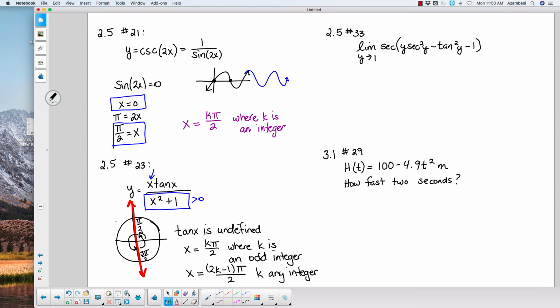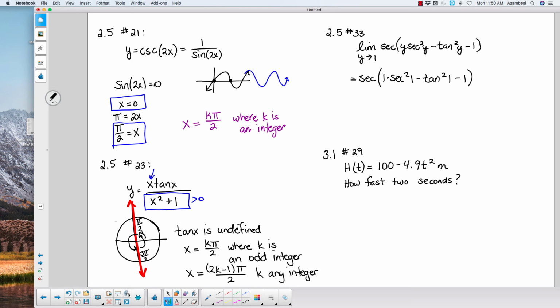All right, last couple. So number 33 on 2.5 says to find the limit of the secant of y times secant squared y minus tangent squared y minus 1. So we need to figure out some way to simplify this. So I'm going to plug the y equal 1 in. So the secant of 1 times secant squared of 1 minus tan squared of 1 minus 1.